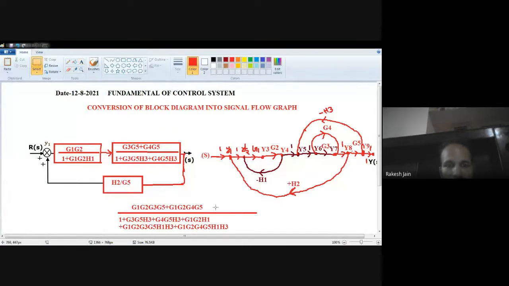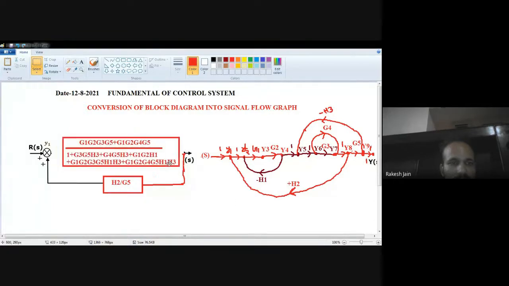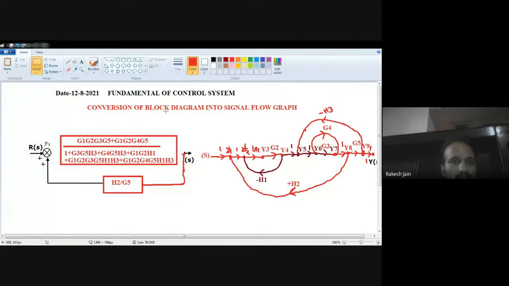Now these two blocks will be removed completely. Instead of them, only a single block will remain, which will be this one, and we have to move that single block to that place.